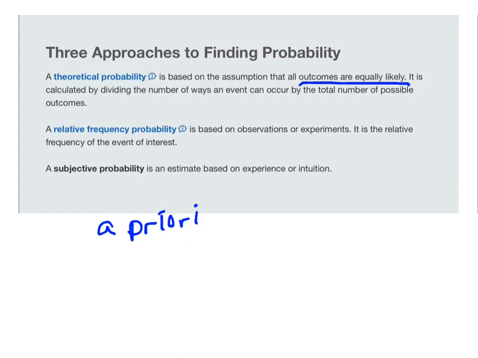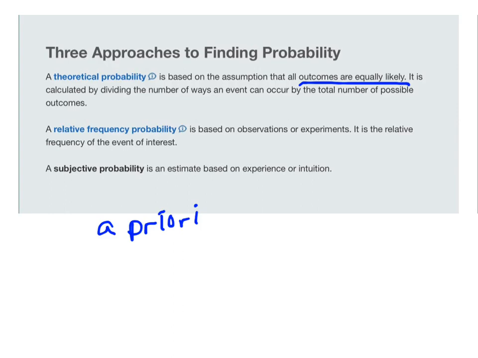So for example, if you're predicting whether or not somebody will get diabetes, if you just do it as a relative frequency, like how many cases of diabetes have been observed in the population, that's perhaps not as accurate as taking into account the person's family medical history. So while we are basing this type of probability on experience and intuition, it's not uninformed. Some of these things do affect probabilities, and we want to take into account as many of these factors as possible.